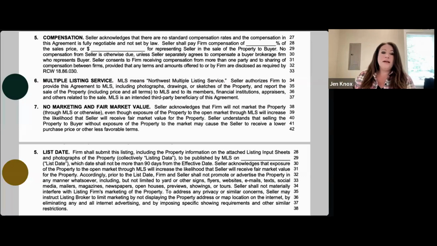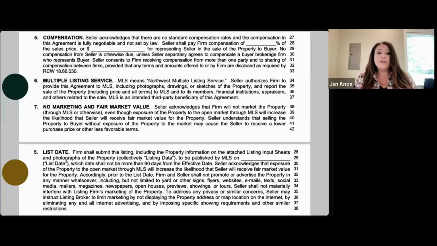Now in this too, the seller representation, paragraph 7, there is not going to be any marketing. So nothing will be published on the Northwest MLS, nothing will be published publicly. We are not going to be exposing this property to any other person other than the identified buyer.